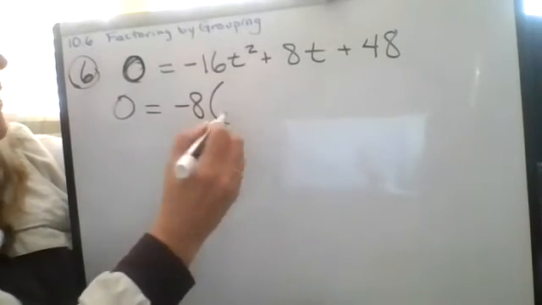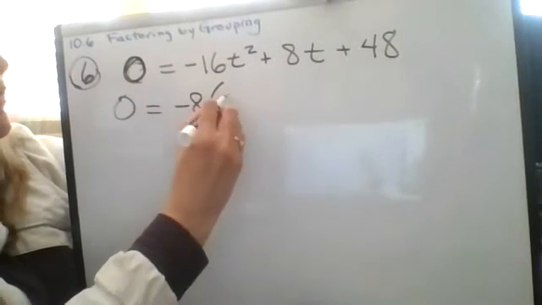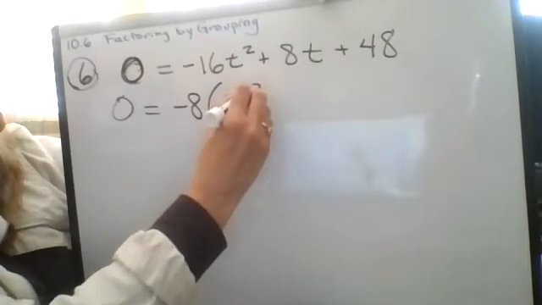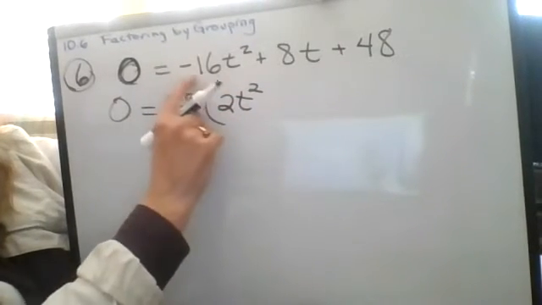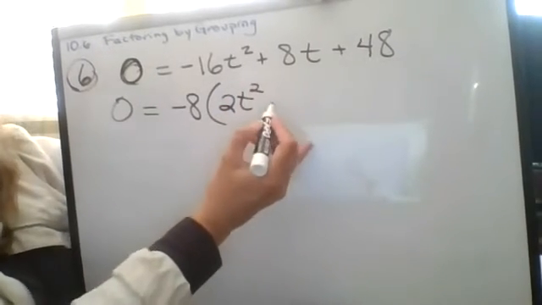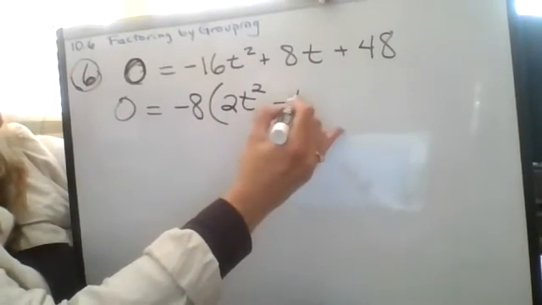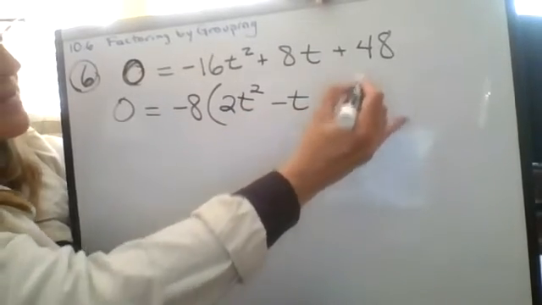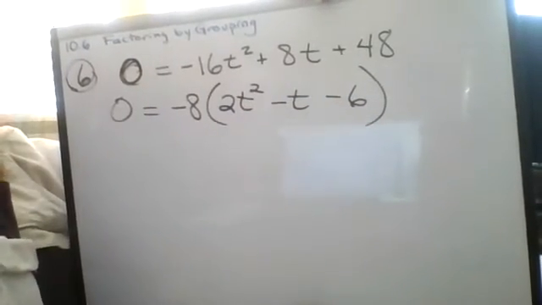So -8 times positive 2t squared gets us -16t squared. -8 times what gets us positive 8t? -t. And -8 times what gets you positive 48? -6. We want to know when this is equal to 0.